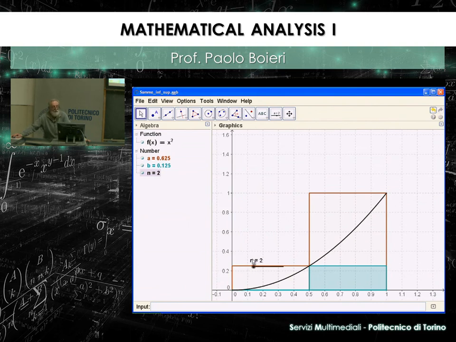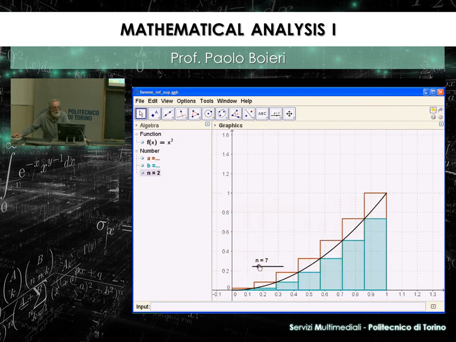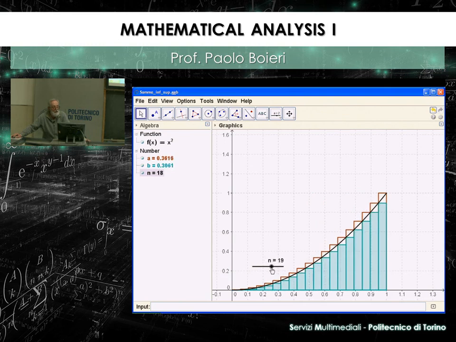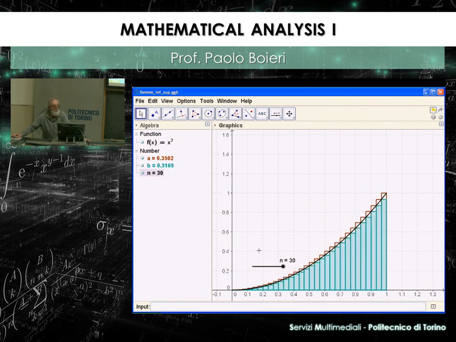Okay, n equal 2, you see, the number now in B, the lower, the blue increases, the red decreases, okay? And when you move to higher values, you see the blue number increases, the red decreases, and they become closer and closer, okay? In a very slow way, but they become closer and closer.